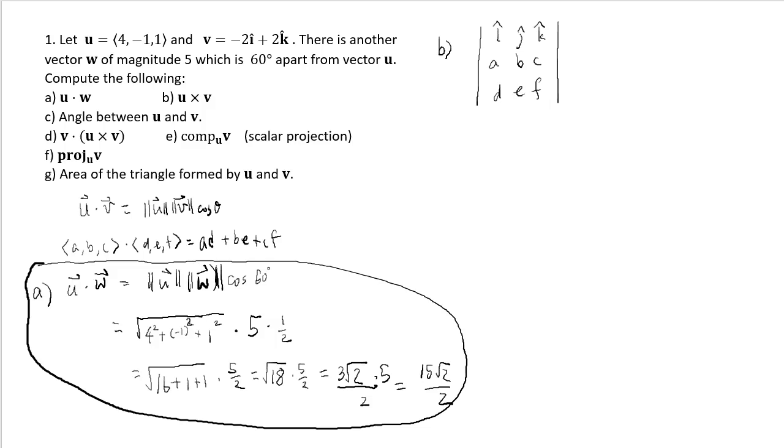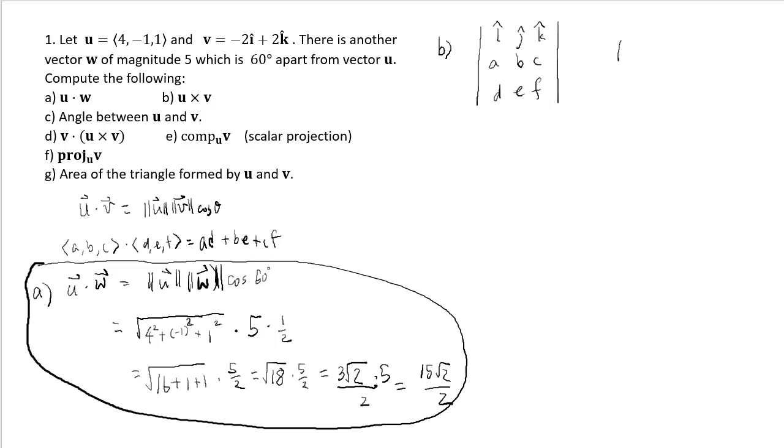Now, if you don't have the coordinates, the way to get the cross product just from a description by angles, you can use the following formula.